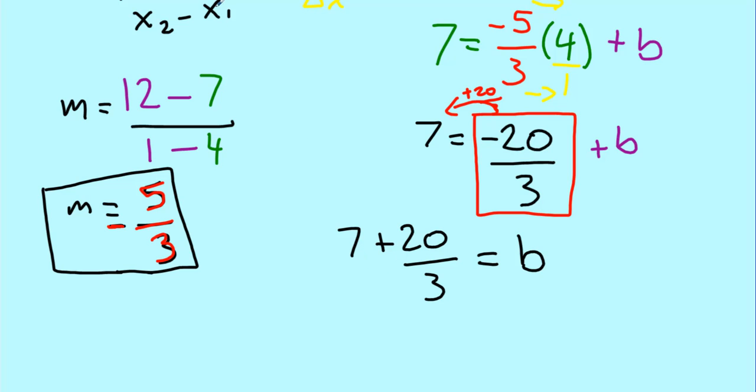I need to make these common denominators. So if this 7 was over 1, how do I make these the same? I can multiply my 7 times 3, and the 1 times 3, for common denominators.